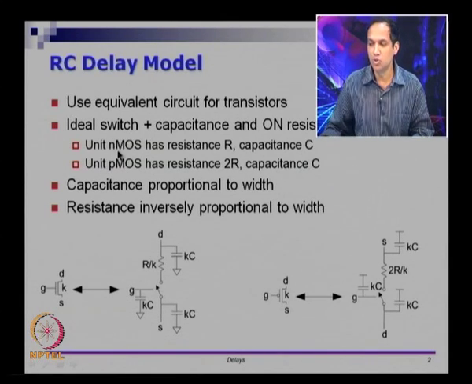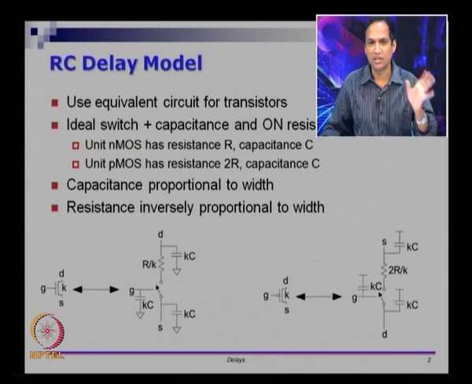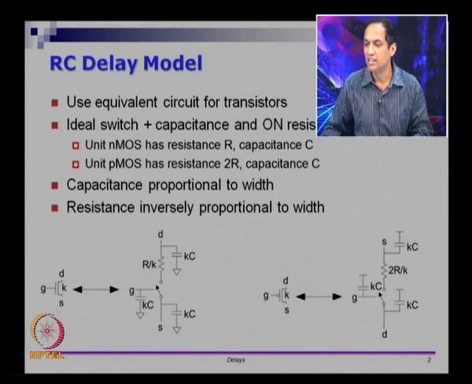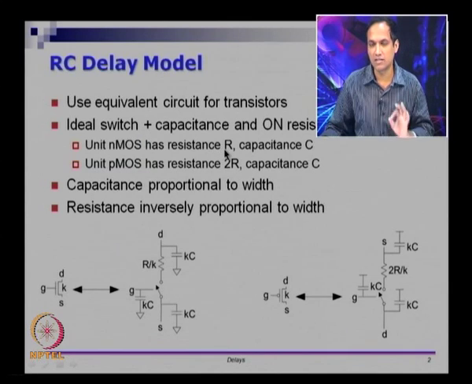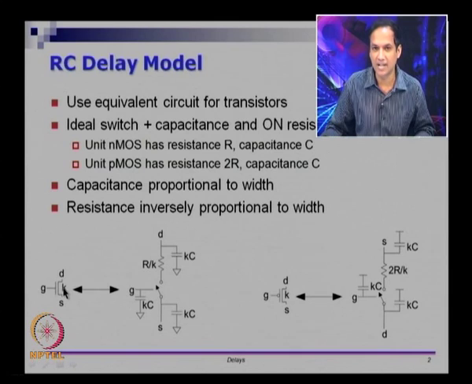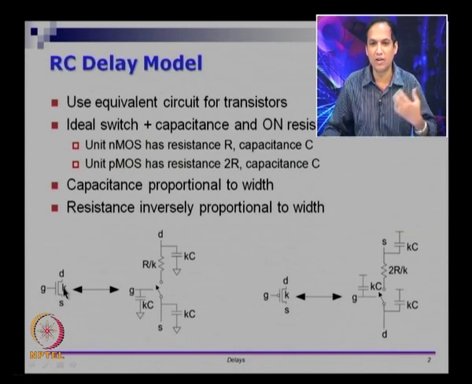If I have a unit NMOS device, meaning an NMOS device of width 1 unit in whatever technology you make, then let us assume that it has an equivalent resistance R and some capacitance C. After all, these are physical materials. If you put a metal or different kinds of material, you will have some resistance and capacitance because of that.